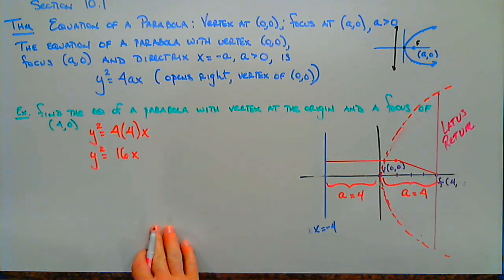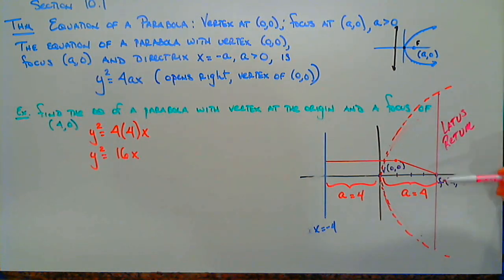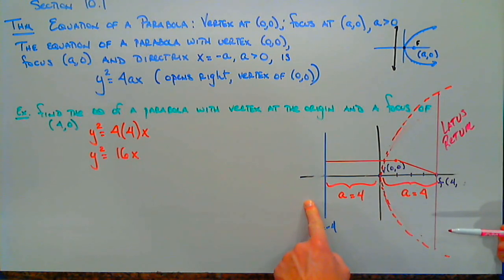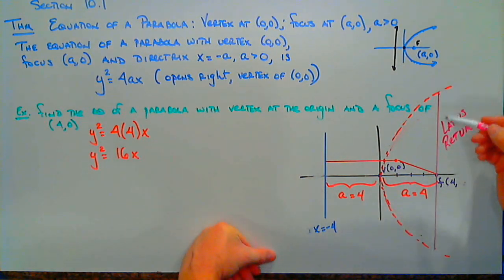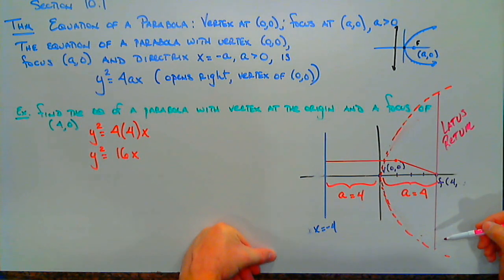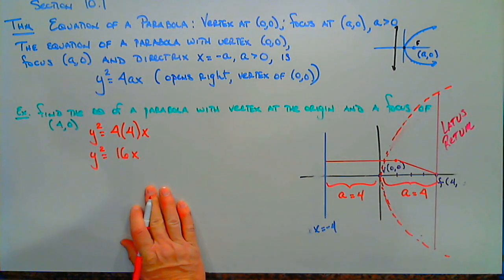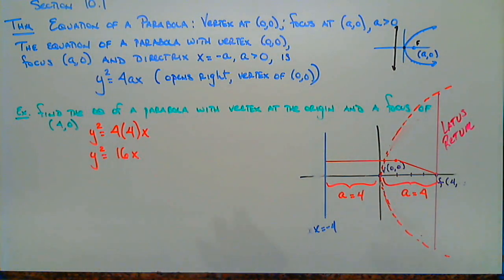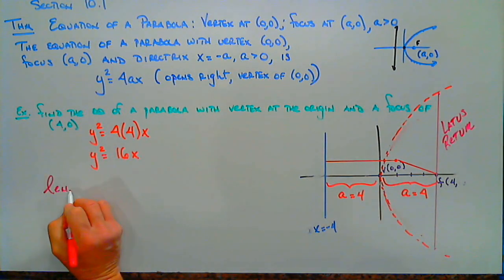The latus rectum. And we know something about this line. First of all, to review its characteristics, it goes through the focus, it's parallel to the directrix. And we know the length of this line. The length of this line is 4a. So let's write that down.